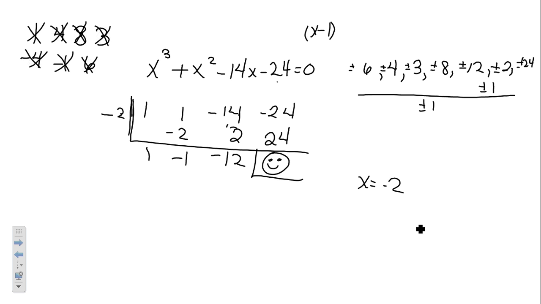Good news is we now have a depressed equation. It was x to the third, right? We divided by x plus 2, so we took out an x. So what's this power now? It was x squared minus x minus 12. Can we factor that?